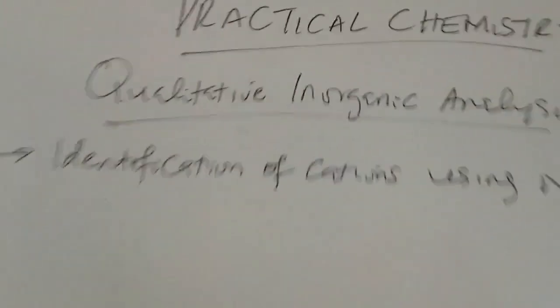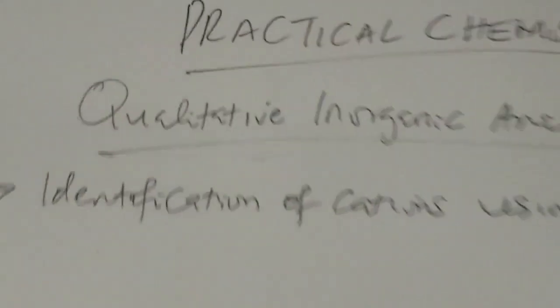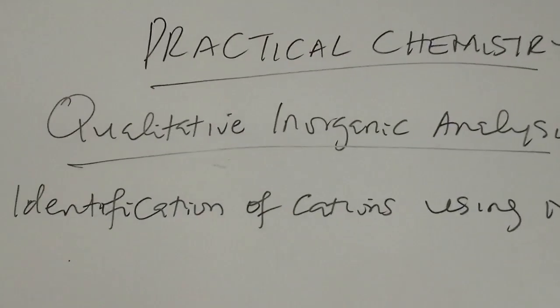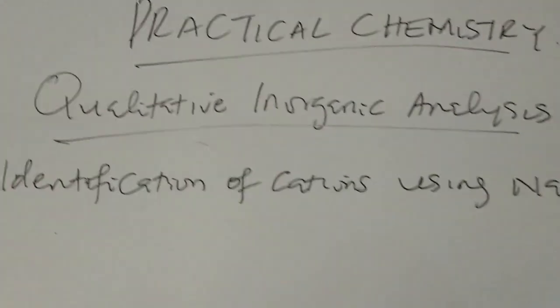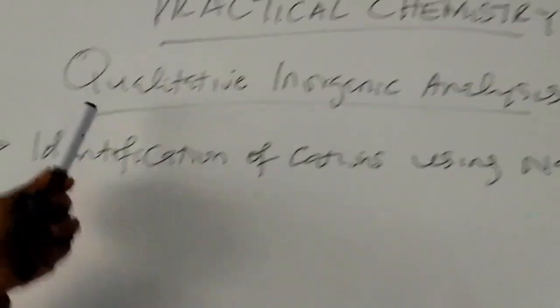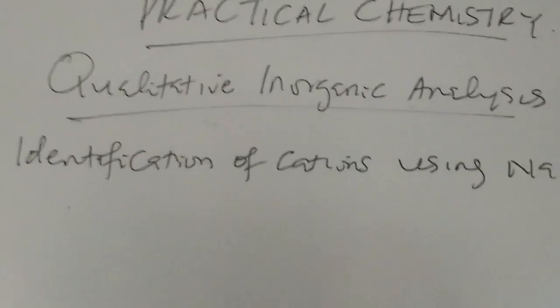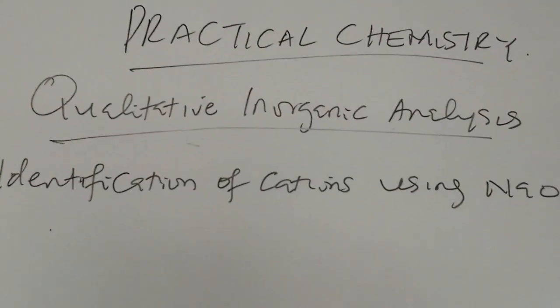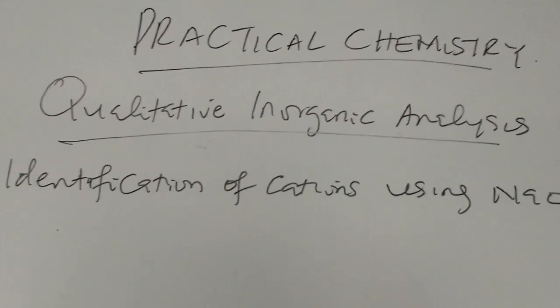So for today, our focus will be on chemistry content, practical chemistry. Today we are looking at qualitative inorganic analysis. So what is qualitative analysis? In chemistry, we deal with two major types of analysis. One is called qualitative, the other is called quantitative analysis.